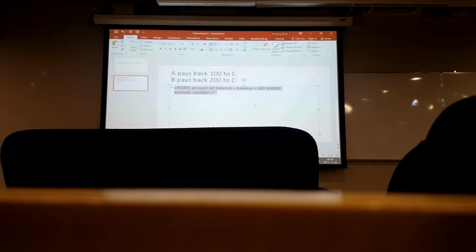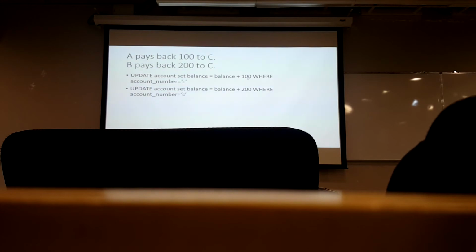And for me, for the second repayment, you would do something like update account set balance equal to balance plus 200 where account number equals C, right? Come on, make it up. So imagine these two statements are executed at the same time. I really mean at the same time, and only one of them would manage to cause change to the latest balance. So one of them we consider lost, that's why it's called lost update.